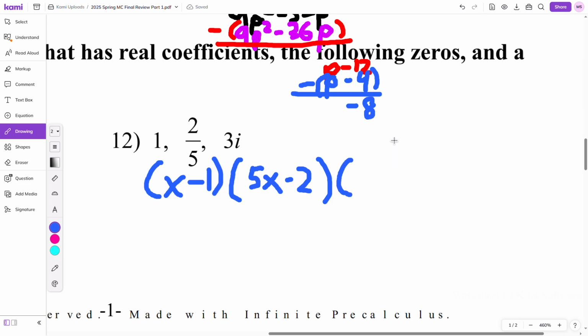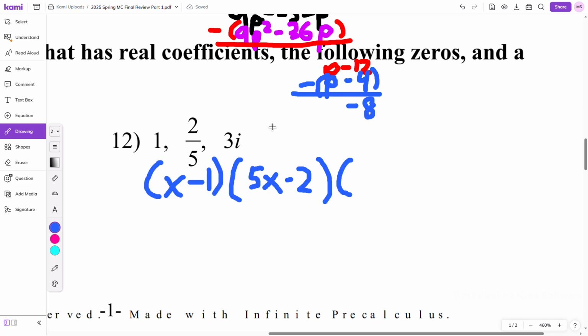And then you're probably thinking, well, x minus 3i. And I'm kind of okay with that. But whenever you have an imaginary number, so i is, of course, the imaginary number, that's what takes you to imaginary land, where the unicorn centaur guy lives, and they have a frolicking good time.